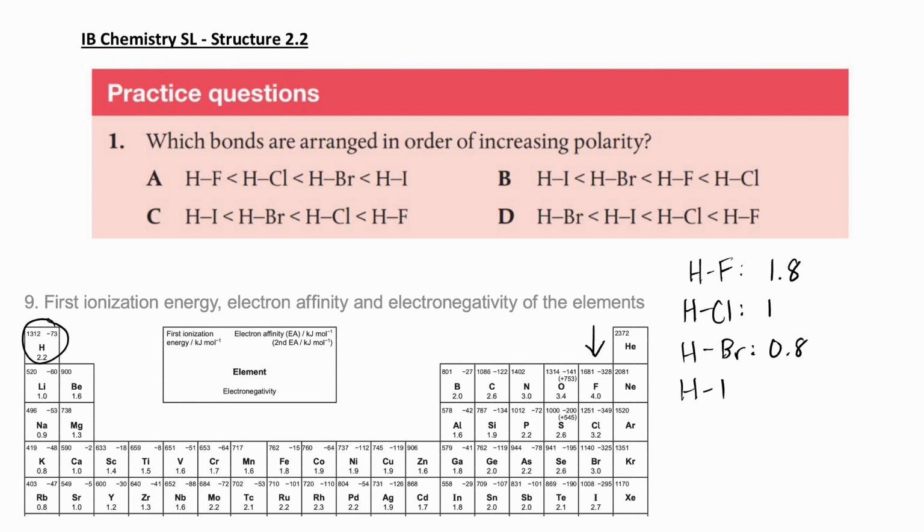And hydrogen to iodine would be a difference of 0.5. So you can see the most polar molecule is going to be hydrofluoric acid, and your least would be hydroiodic acid. So the answer would be C because it said increasing order. So HF would have the highest, HI would have the lowest.